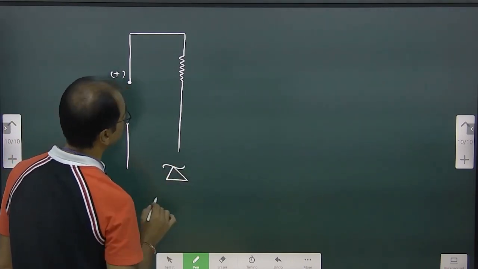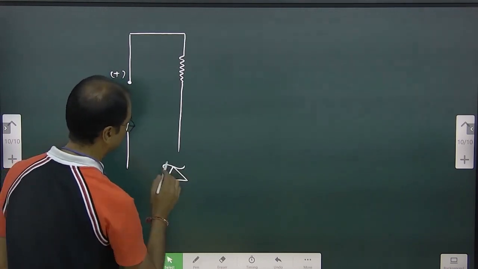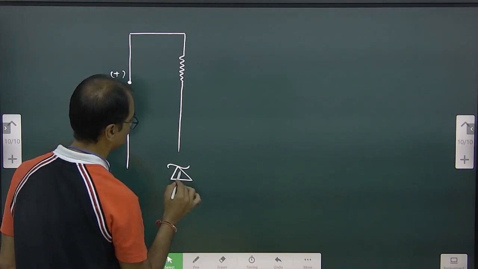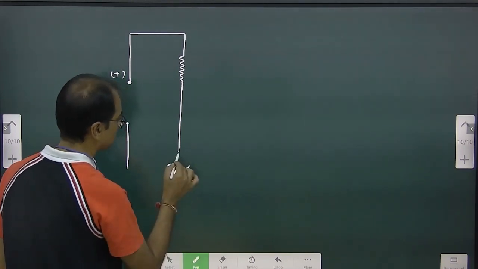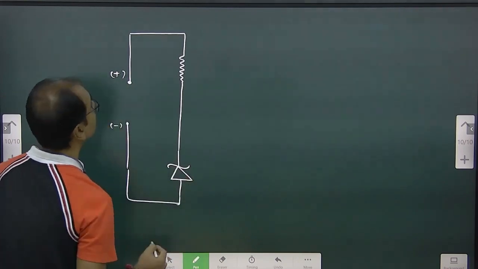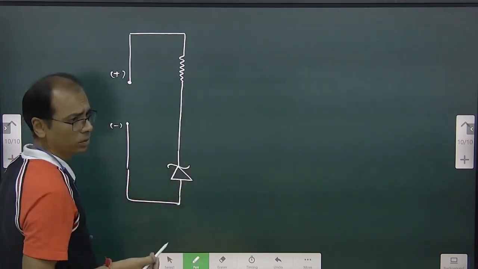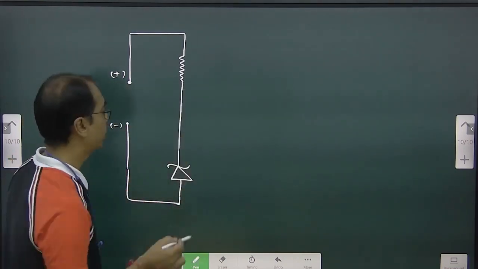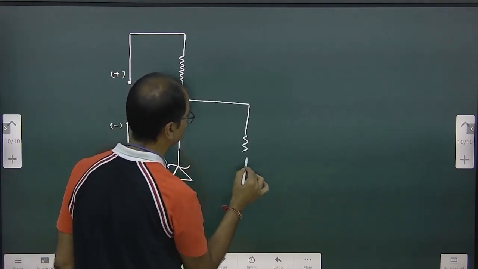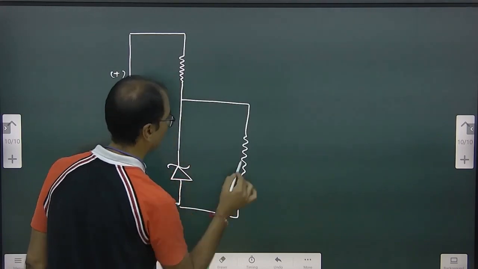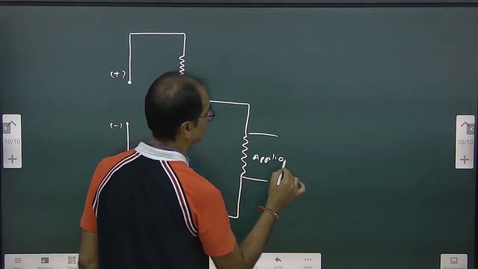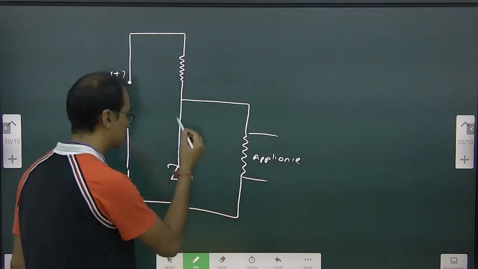Okay, so we'll shift it a little, right? So it's in this way. And then obviously it has to be connected with the appliance, and the appliance has to be in parallel to that. Okay, so here is your appliance.